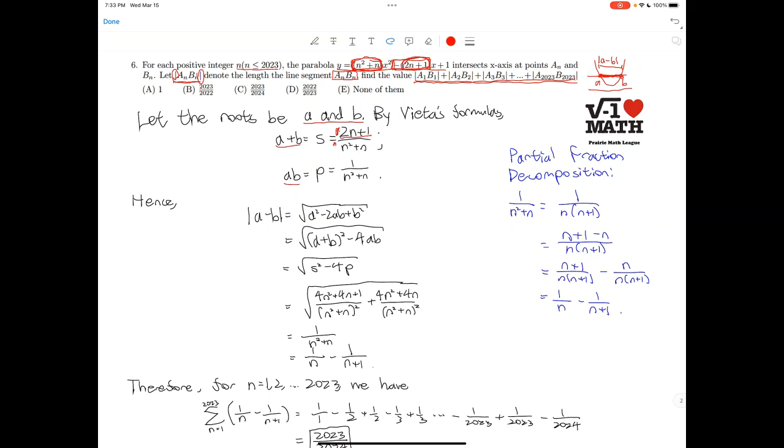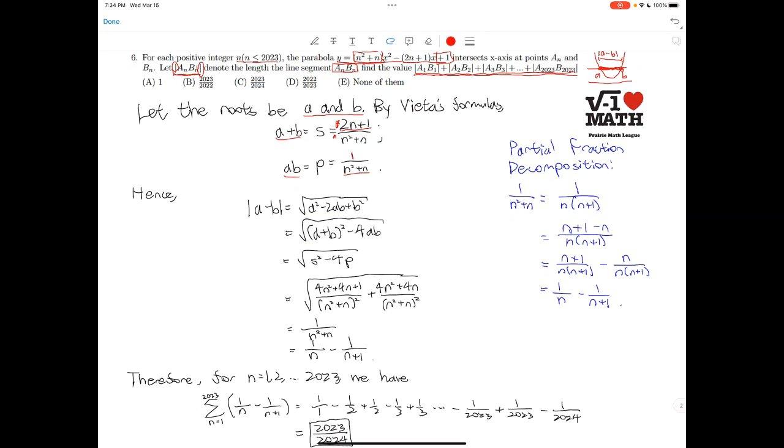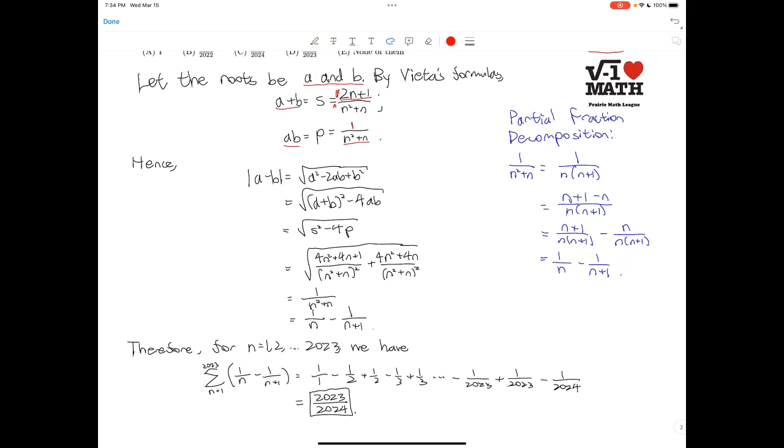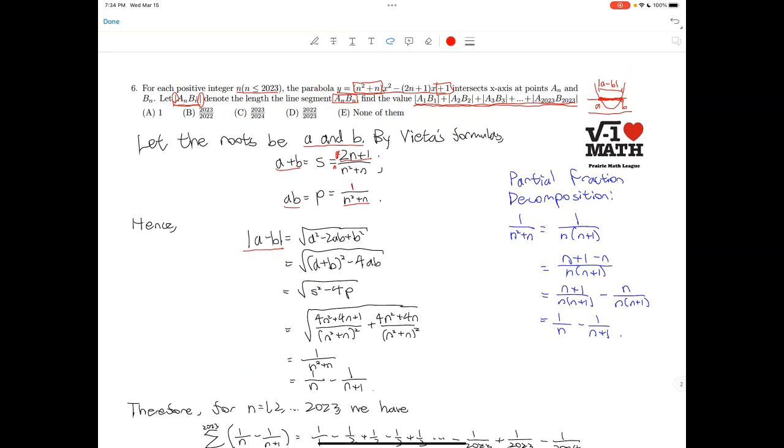Now we need the product. The product by Vieta's formulas is the last term divided by the first coefficient. So in this case, it would be 1 over n squared plus n. And this time there are no negative signs. Then we want this value, as we saw here.